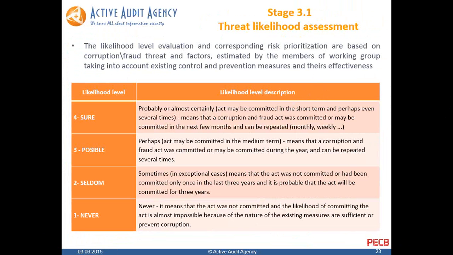Seldom: the act was not committed or had been committed only once in the last 3 years, and it's probable that the act will be committed within 3 years. Possible: the act may be committed in the medium term. And sure means that the corruption and fraud act was committed or may be committed in the next few months and can be repeated monthly or weekly.